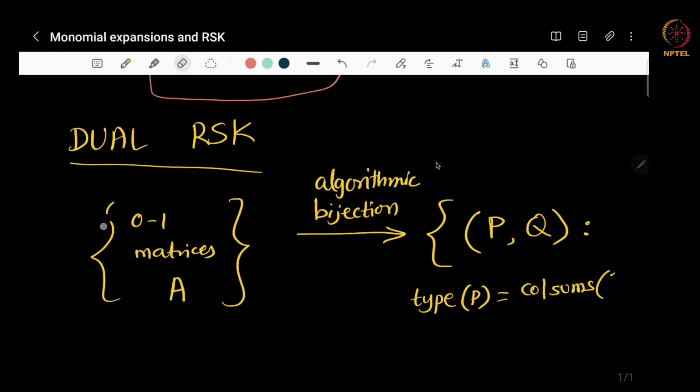Let's maybe remove all the sets. So suppose I have a 0, 1 matrix A. Here is an algorithmic definition, if you wish. What does the dual RSK do?